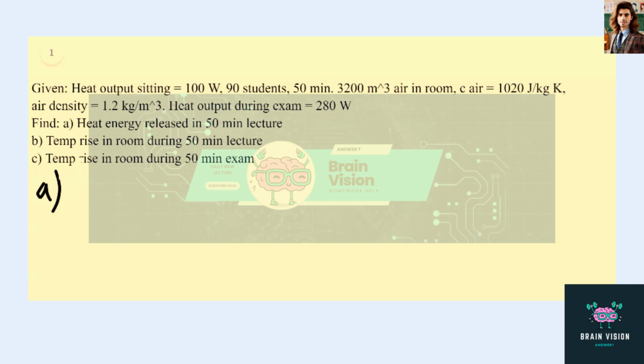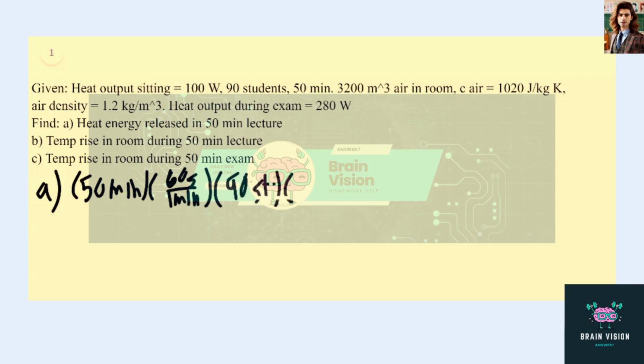So it's going to be 50 minutes, oh, I wrote that the opposite way, 60 seconds over 1 minute. So that's our conversion for time. And then how many students? 90 students.